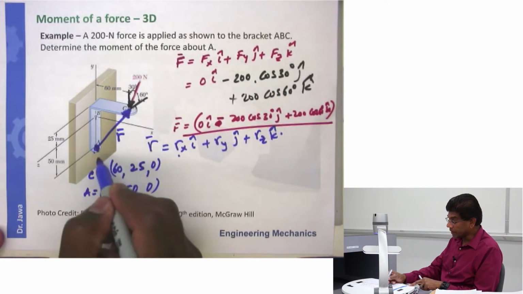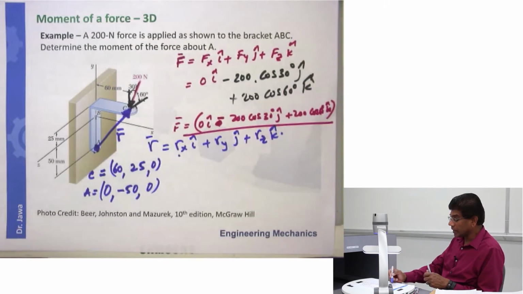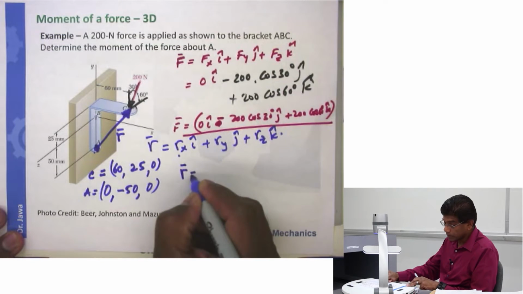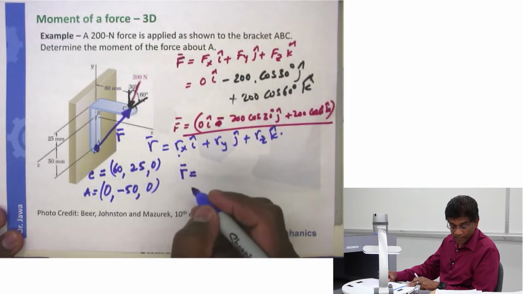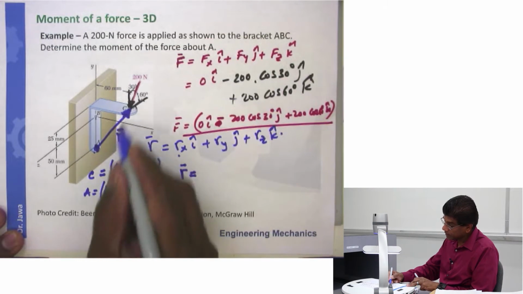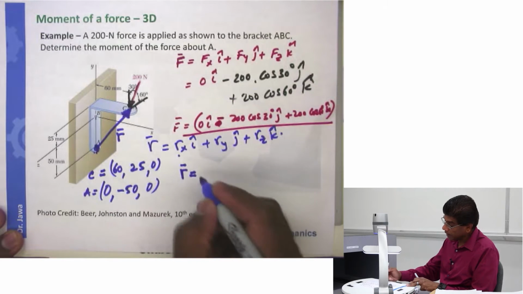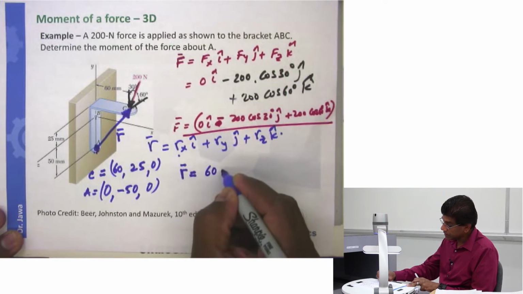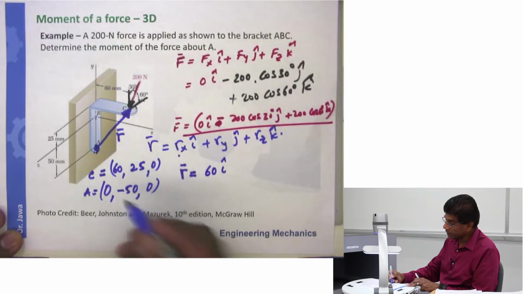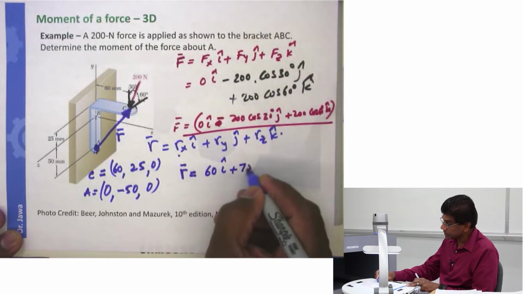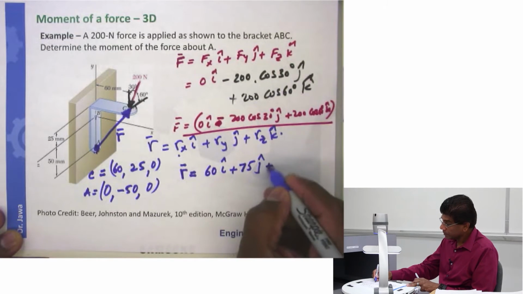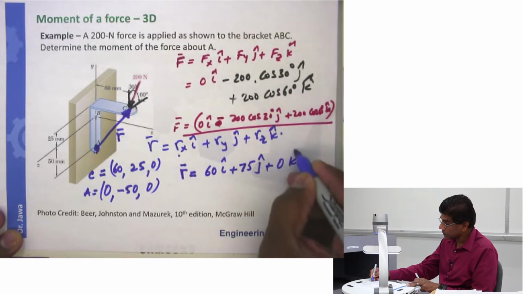So I know the coordinates of C, I know the coordinates of A, so I can actually calculate the position vector r, which would be equal to C minus A: 60 i, 25 minus negative 50 is 75 j, plus 0 k.